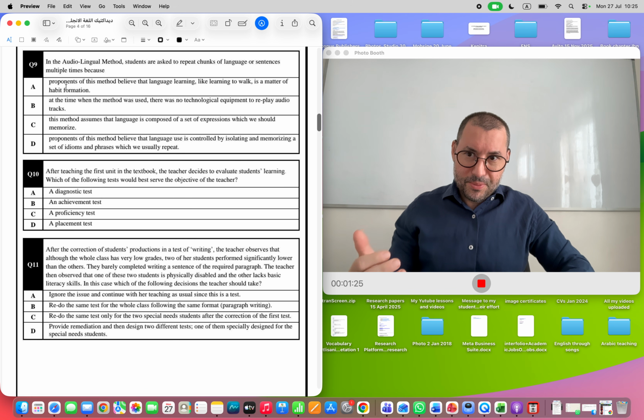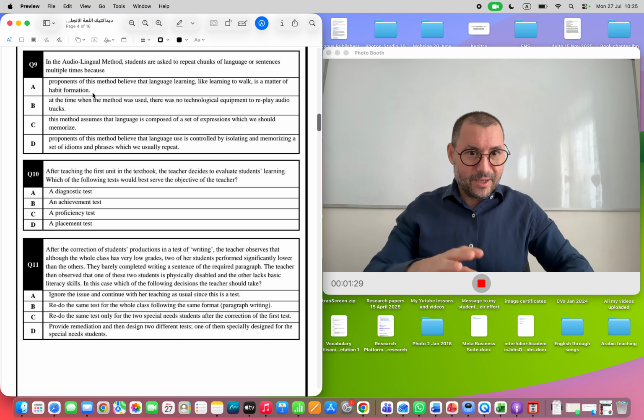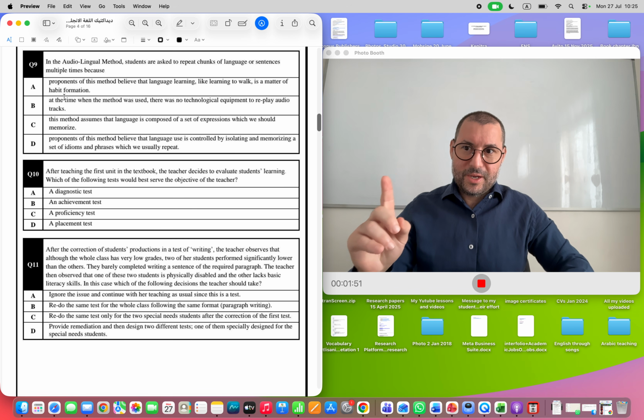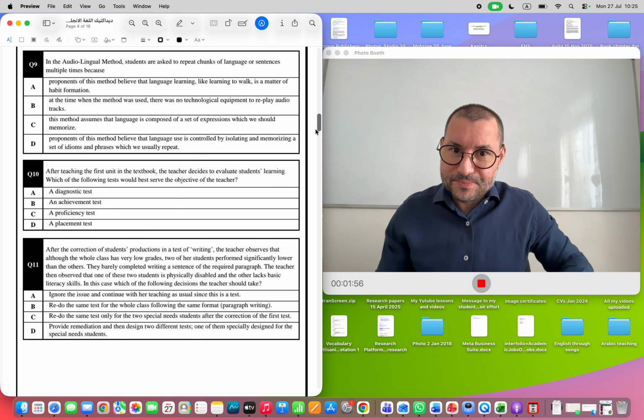Because the proponents of this method believe that language learning, like learning to walk, is a matter of habit formation. So the students repeat and repeat until they acquire a habit. So A is the right answer. Next question.